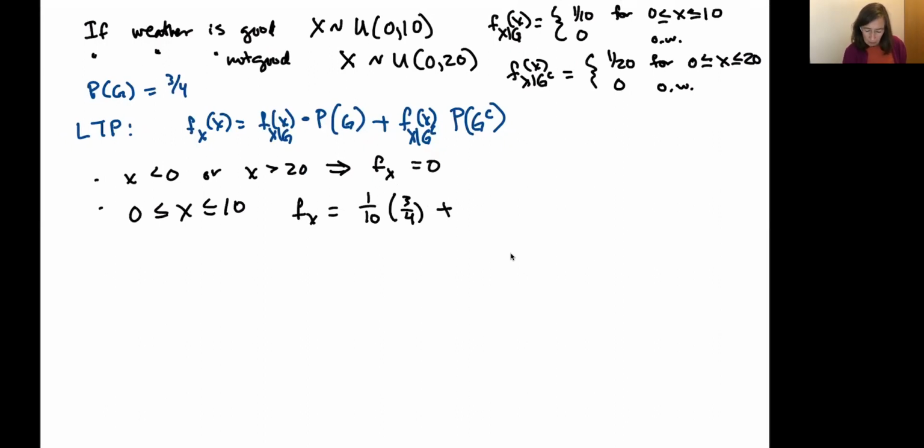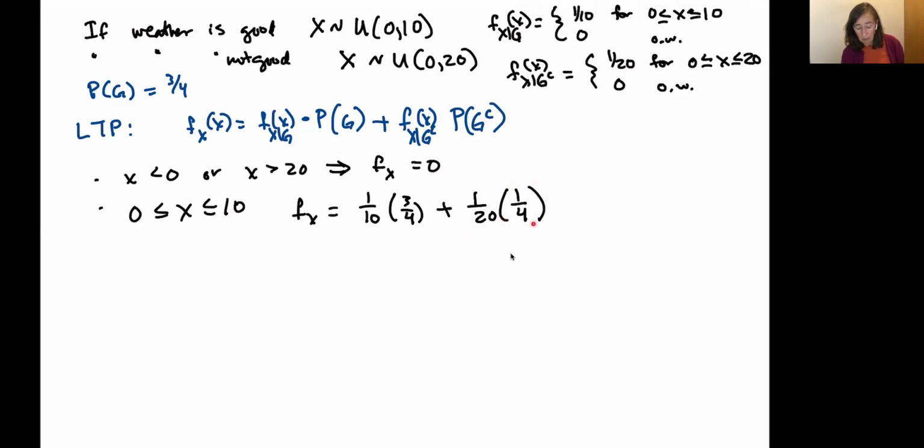And then we've got the PDF for bad weather here, which, for X between 0 and 10, is part of the 0 to 20 interval. So I've got 1/20 there times the probability that the weather was not good. Okay, so this came from the PDF for not good weather, and I'm putting it here because if X is between 0 and 10, then X is absolutely between 0 and 20, so I have that 1/20th there.